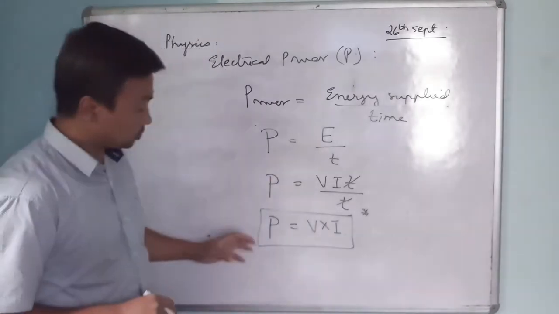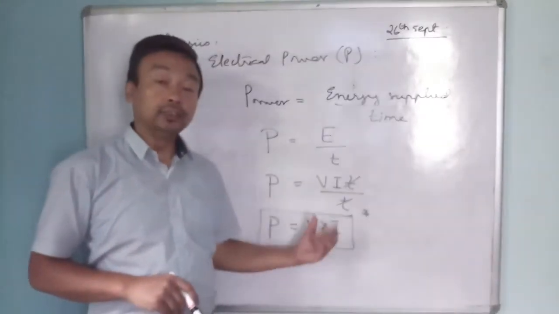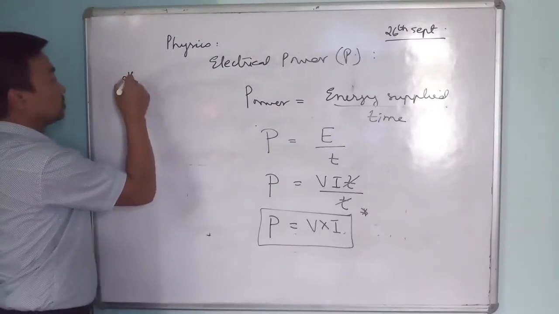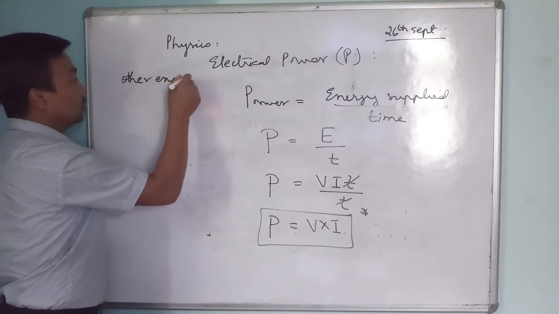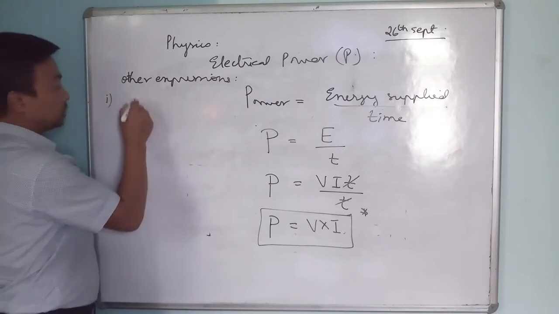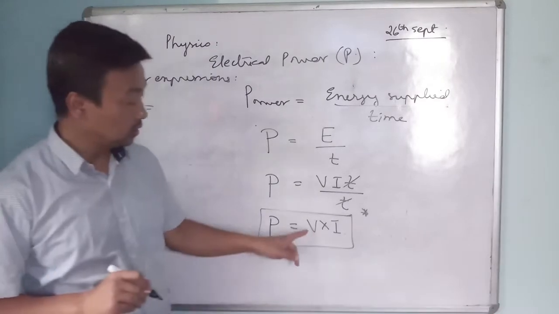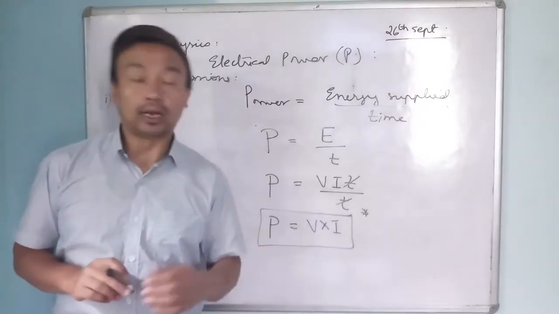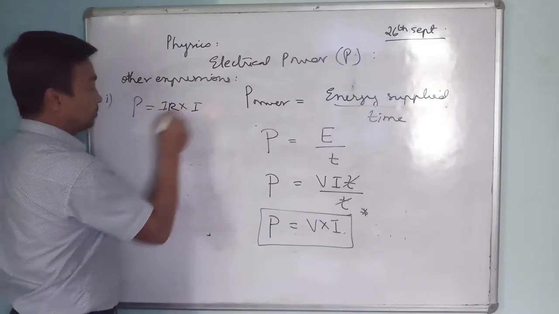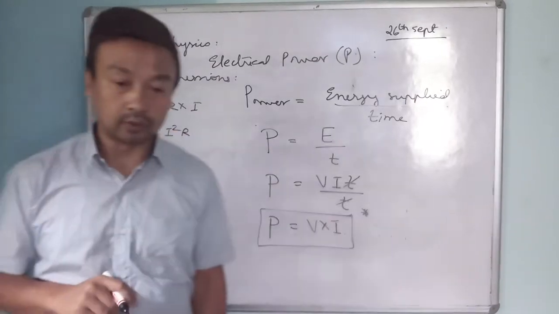Now you also have other expressions for the electrical power by using the help of Ohm's law. Suppose you replace the value of V from Ohm's law, V equals I into R. Yes or no? So if you replace that, you will get IR into I. So the second expression will be I square into R. This is the second expression for the power.